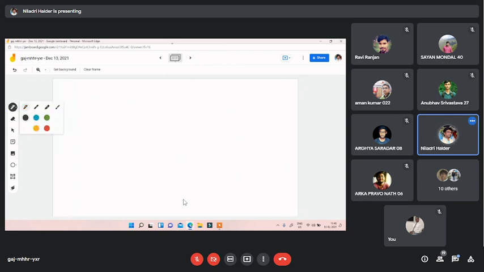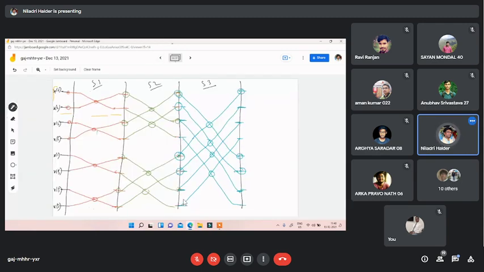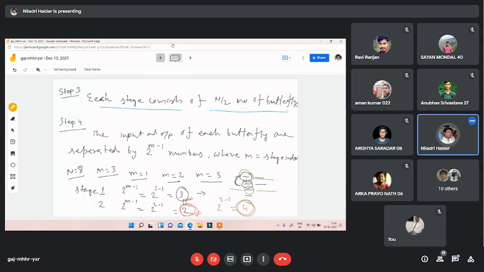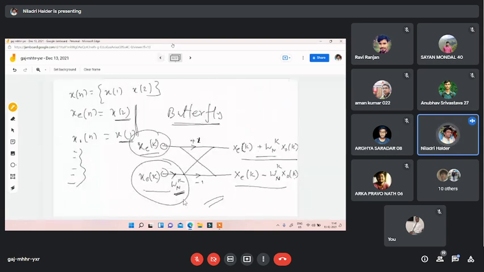Step 6, here you have to calculate the twiddle factor. Now you have to present the twiddle factor, because I have told you that all that part will have a twiddle factor multiplied. You can check it. In the butterfly I have drawn initially, the odd part will have a twiddle factor. Now you have to mention that twiddle factor with its unique value.